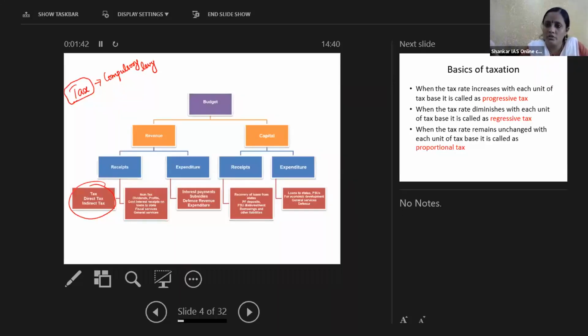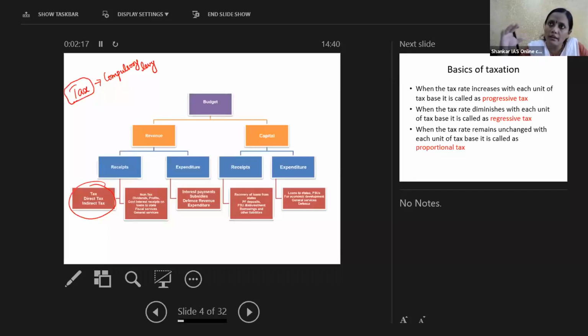Then we say that the government gives a lot of facilities for you to do that economic activity. Assume that we are running Shankaray's Academy in 12th Main Road, Shanti Colony, Anna Nagar. There is a building here, but for this building there are lots of government services we depend upon, like electricity, water, the permission obtained to do this construction, and the road facilities through which the students reach our academy.